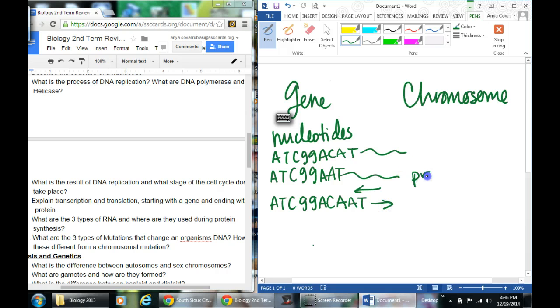So all the proteins that are produced past this are going to be incorrect. And we call these frame shifts.